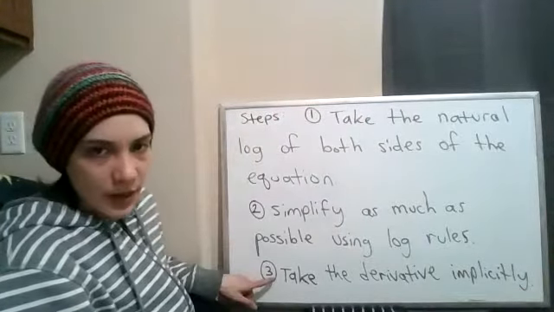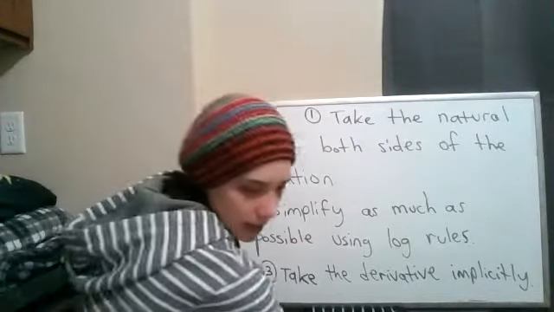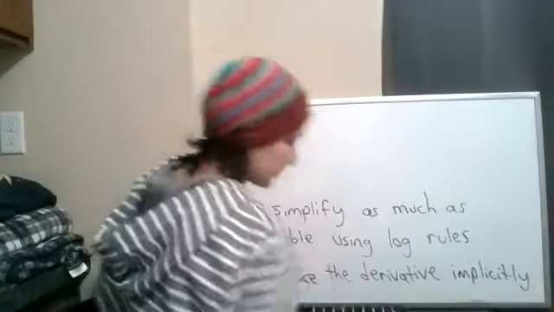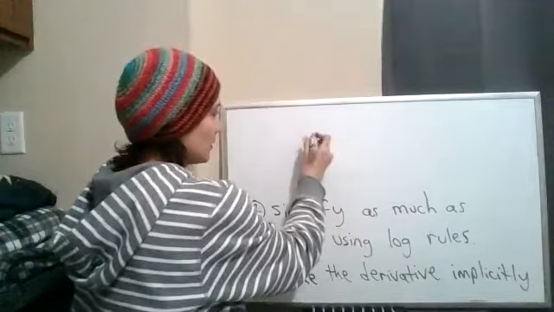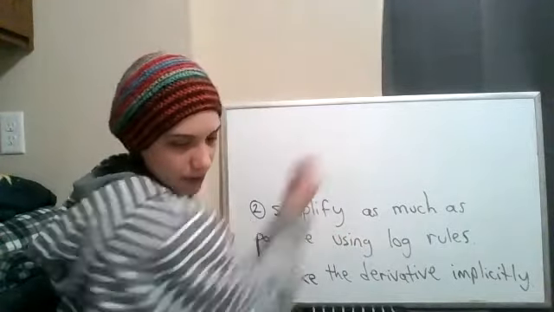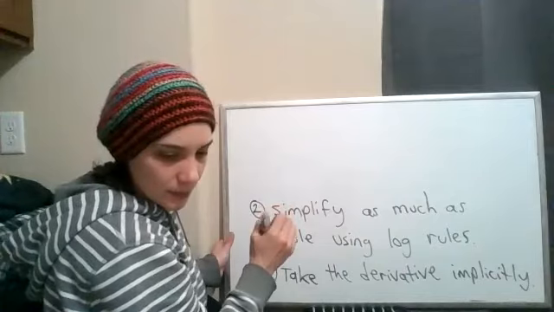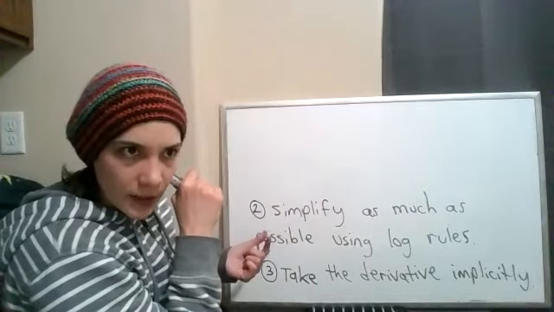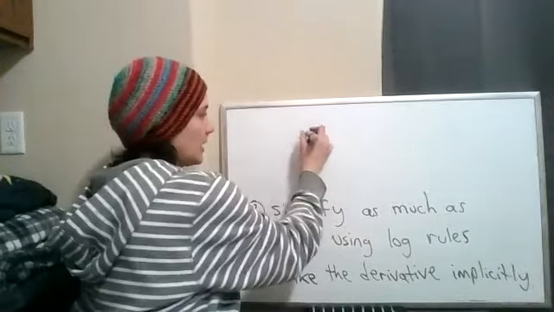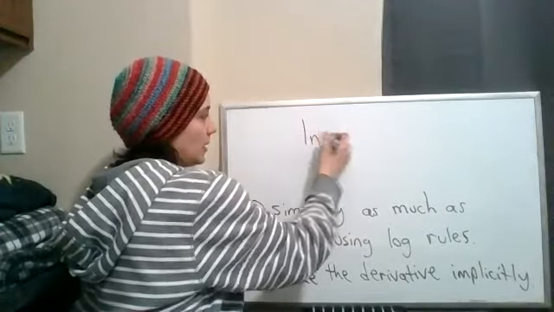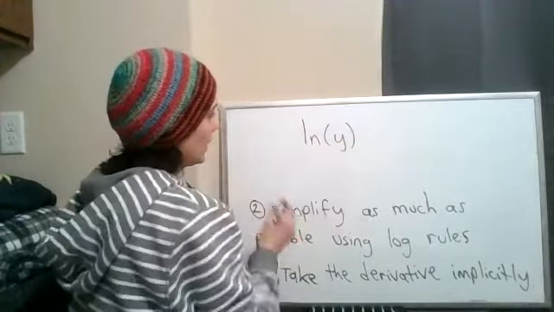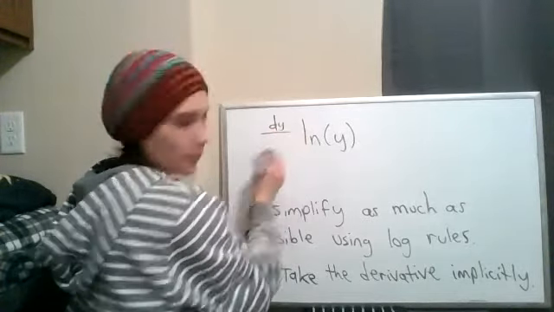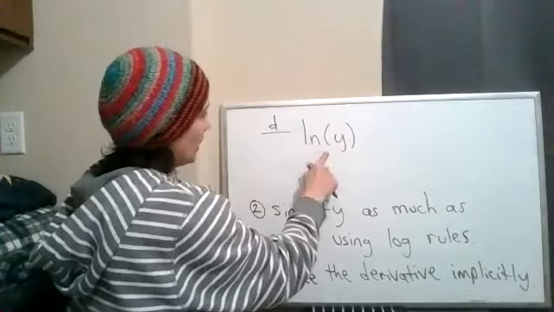Okay, so from this part, for number 3, we're going to start with something like this. So we have a function, we've taken the natural log of that function, and it has something like this, ln and a y, and then we're finding the derivative of y with respect to x.